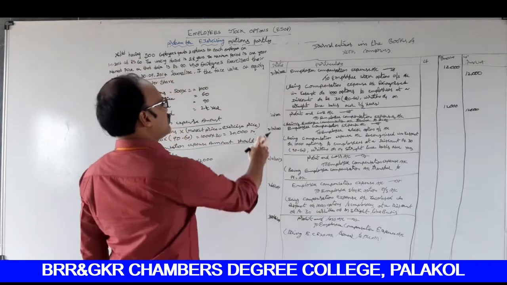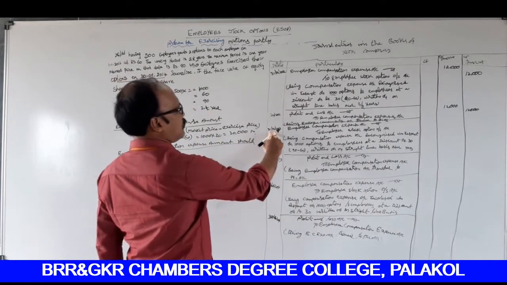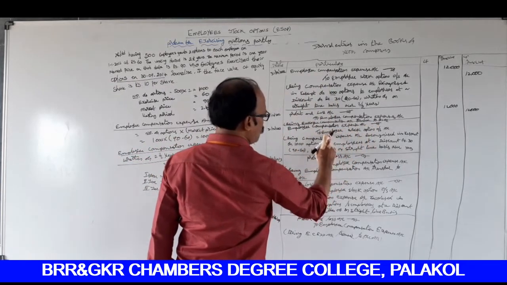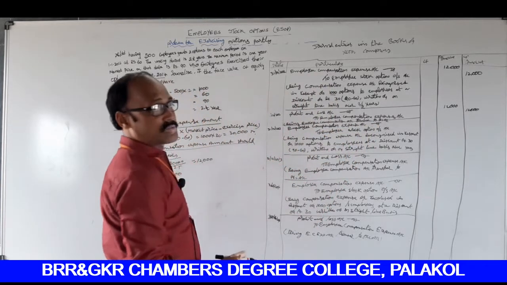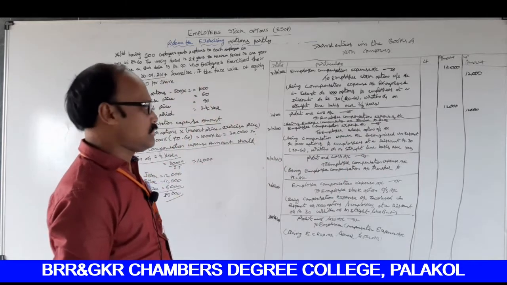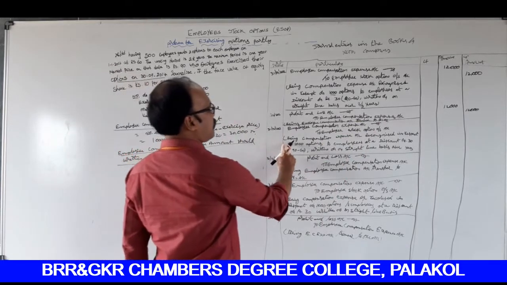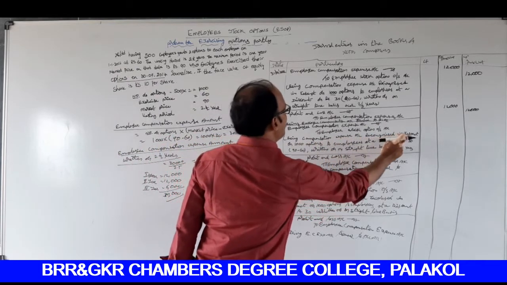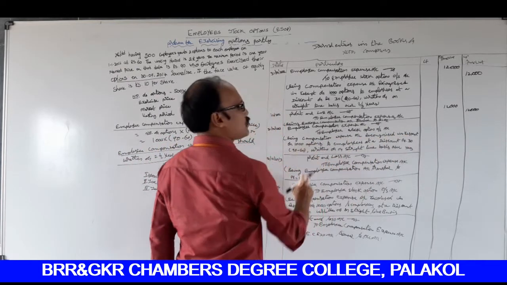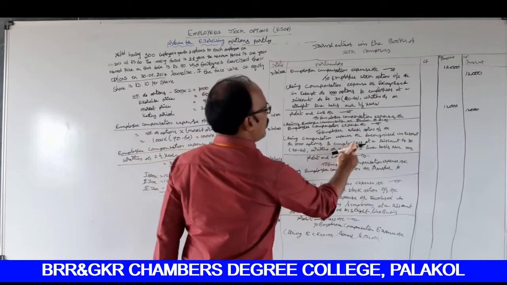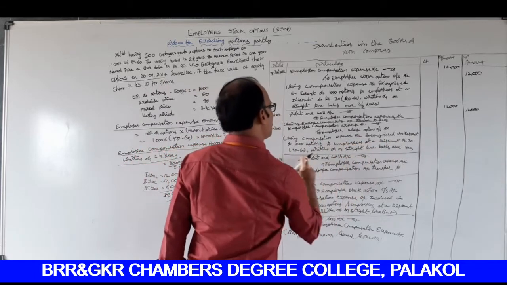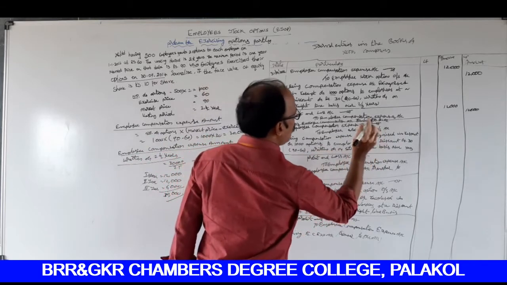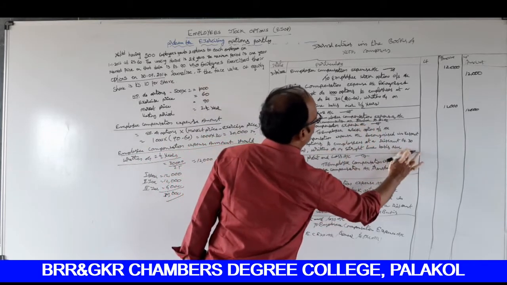Next year, 31/12/2013. So employee compensation expense account debtor to employee stock option outstanding account. Same general entries. Being compensation expense account recognized in respect of 1,000 options to employees at a discount of 30 rupees, written off on straight line basis over 2.5 years.